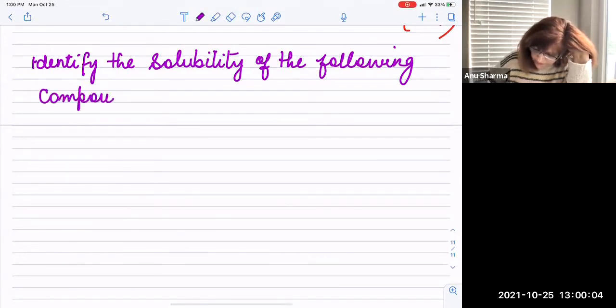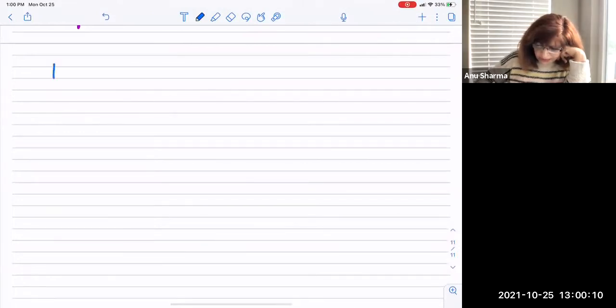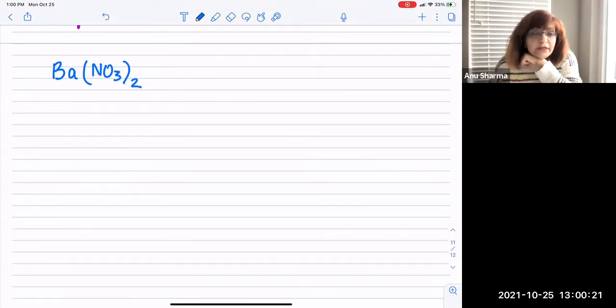Compound is the general term. So that's like on a test we will ask. So for example, if I give you barium nitrate, is it soluble or insoluble?